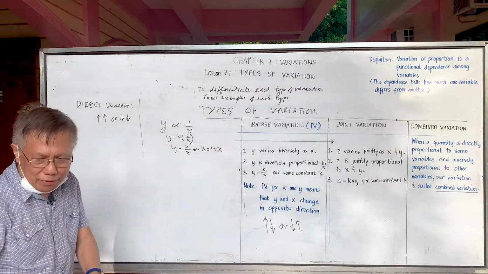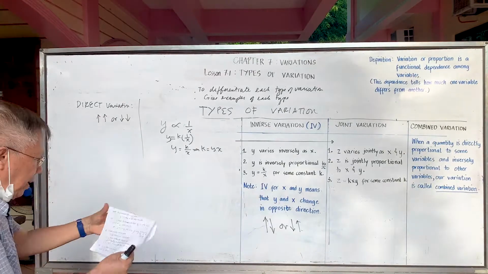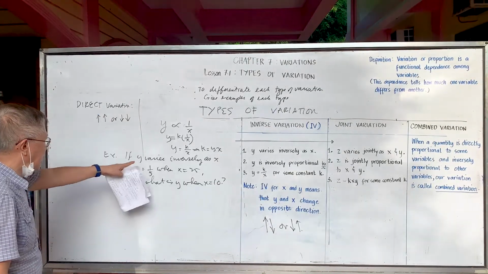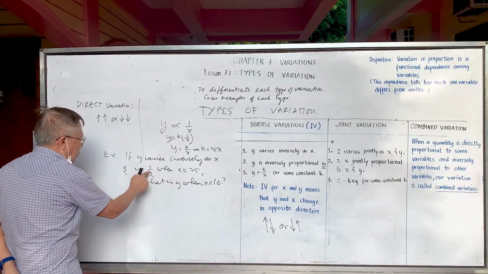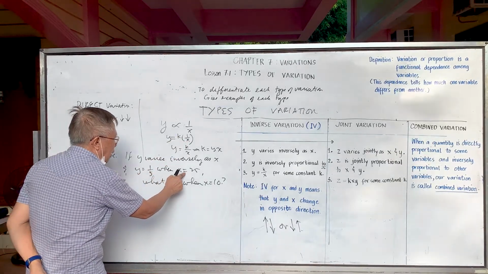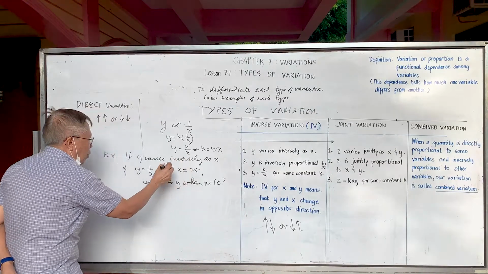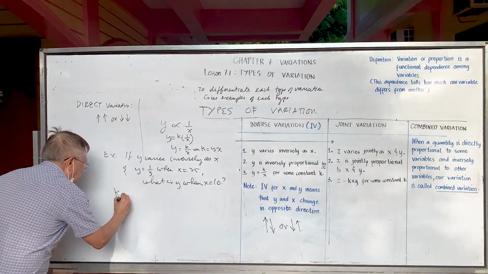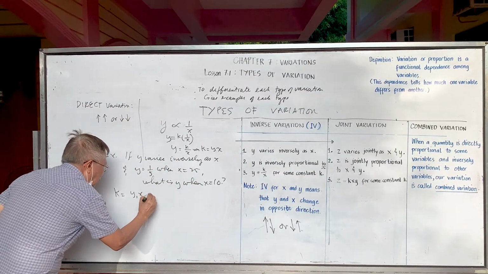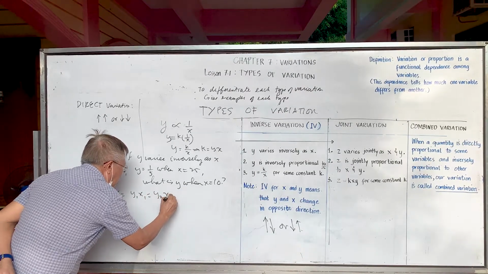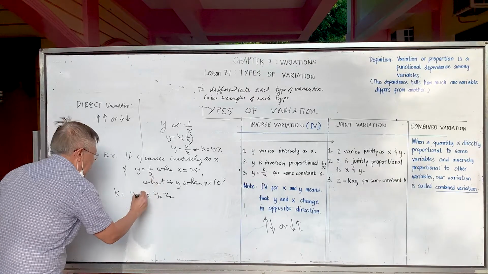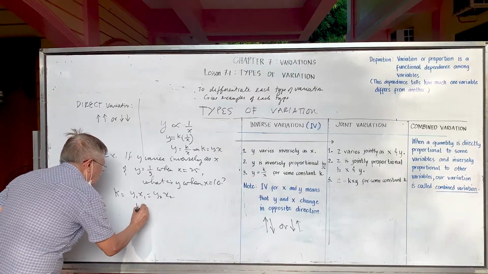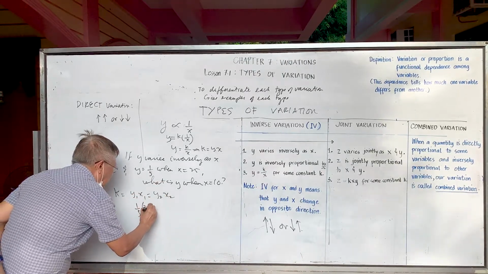Okay, let's have an example of that. Here it says y varies inversely as x, and y equals 1/5 when x equals 25. So our equation now will be k equals y1 x1 equals y2 x2. And the first situation is y is 1/5 and my x is 25.